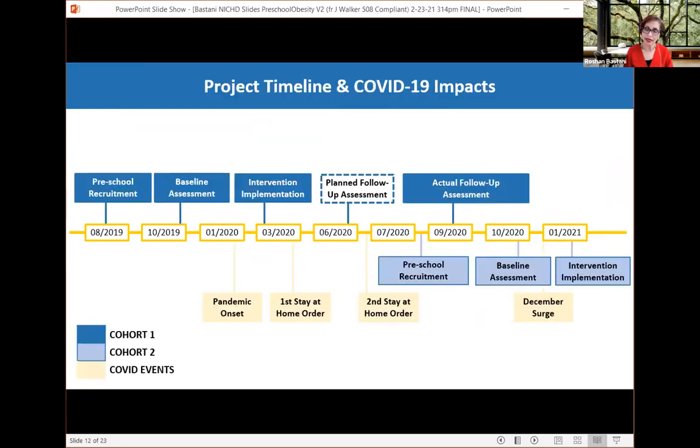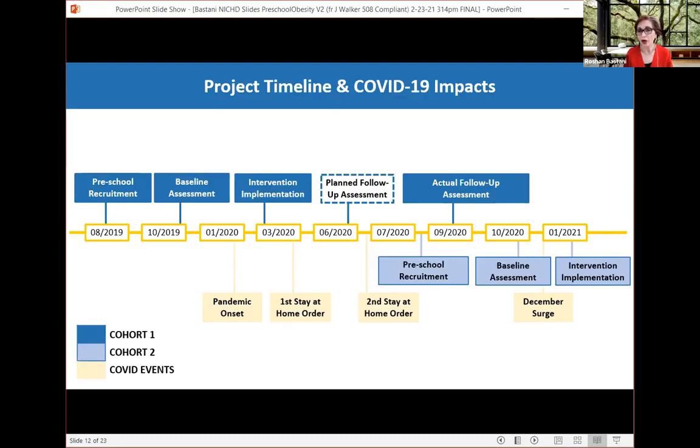Here is a project timeline and it shows you kind of what happened with COVID. The top here, the dark blue, is the first cohort that we recruited, and COVID-related disruptions took place just after a baseline assessment and as we were implementing our intervention.